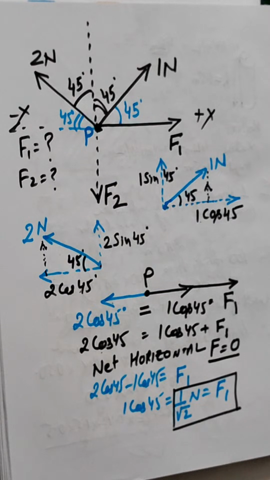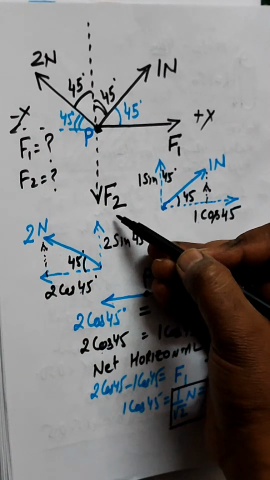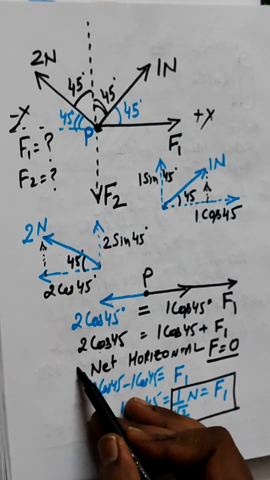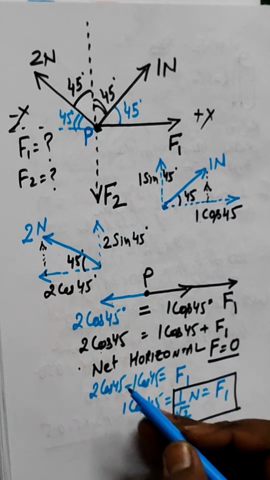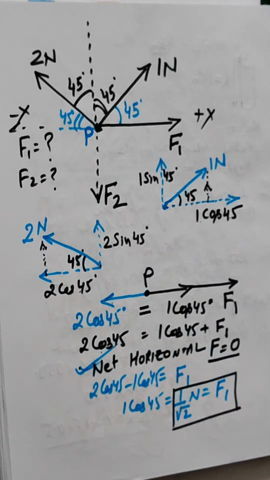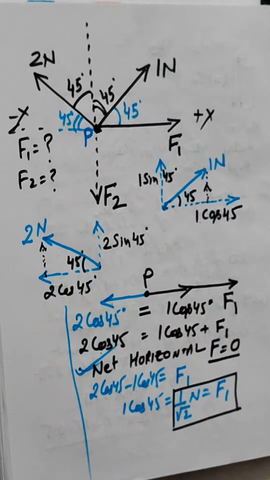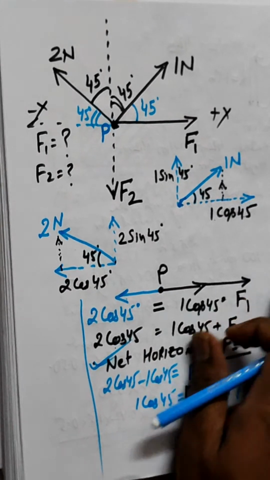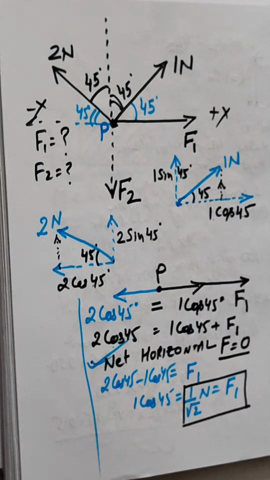What is the value of F2? The value of F2, you can see F2 is acting vertically. So as we have equated the net horizontal force as 0, similarly we will do the net vertical force as 0. Okay. So what are the vertical forces? Let us see.